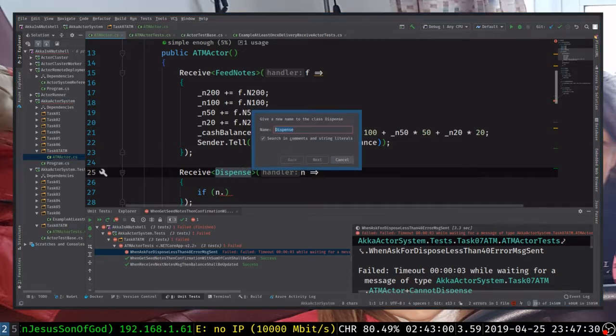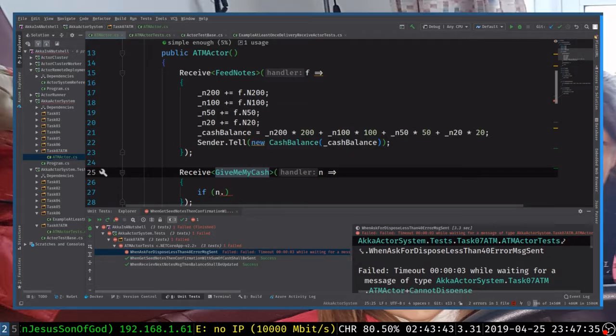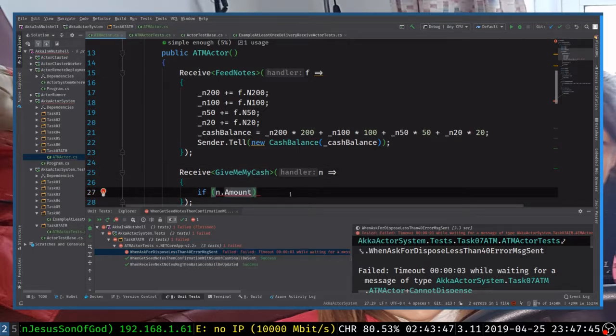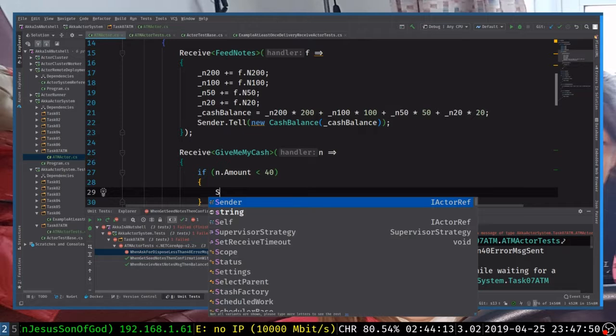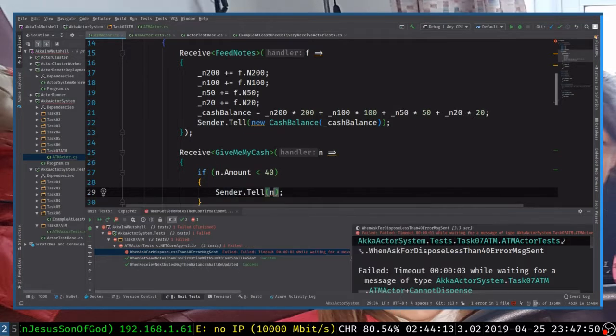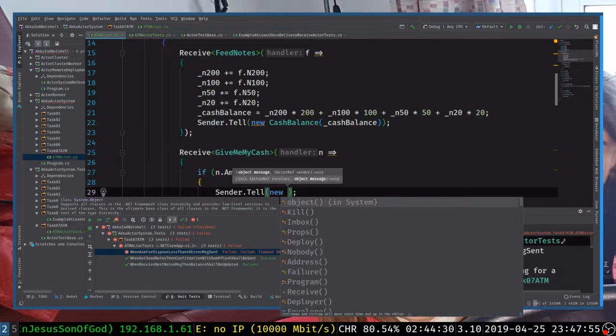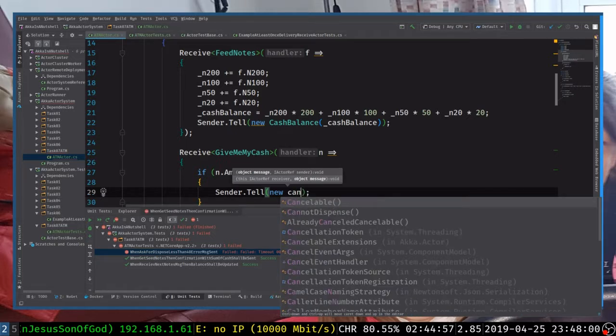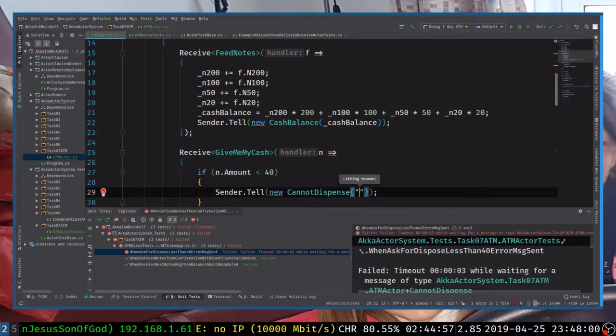That will have is lower than 40. Cannot dispense.